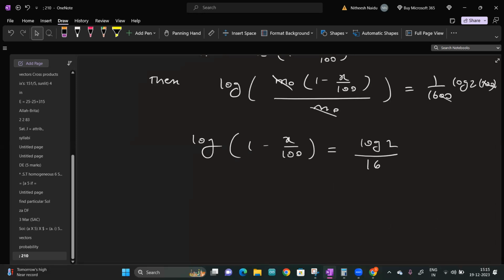So 1 minus X by 100 is equal to e power log 2 by 16.